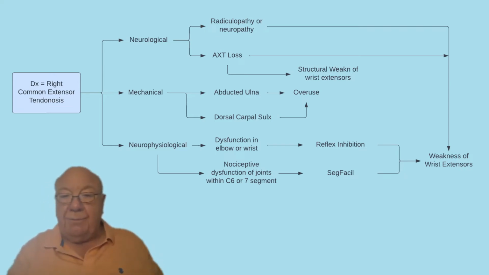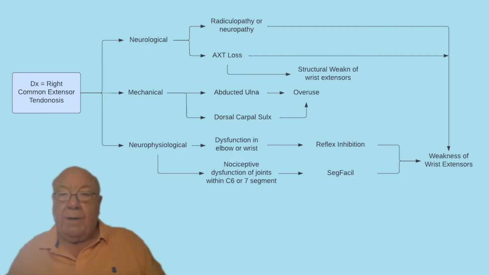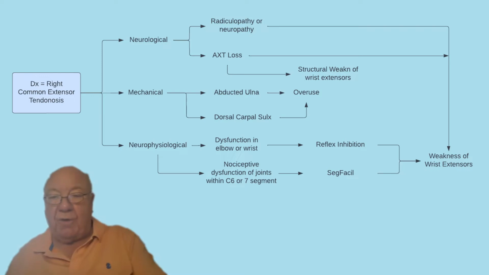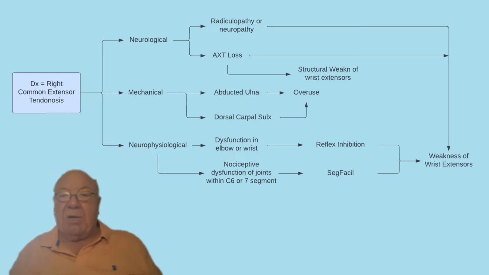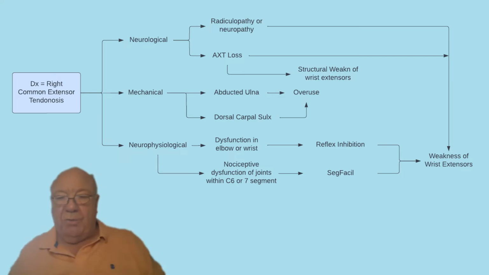So this can produce false output weakness via the synaptic failure, or structural weakness because of slow flow problems and causing trophic malnutrition. It can be mechanical, simple overuse, internal overuse. Now I'm talking about not what we consider normally as overuse.